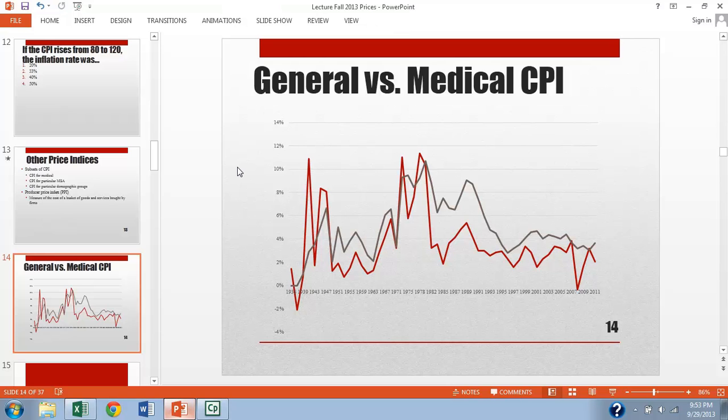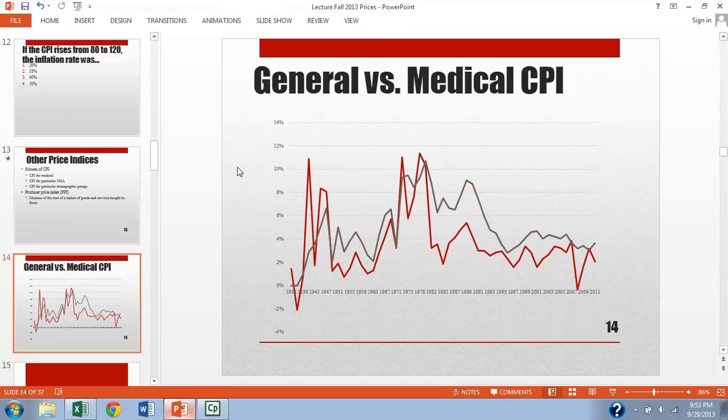But what's happening, of course, is that all the time, new and better medical procedures and drugs and machines and so on and so forth are created. And those new and better things are more expensive. At the same time, our country's getting older, and so older people generally consume more medical care than younger people.